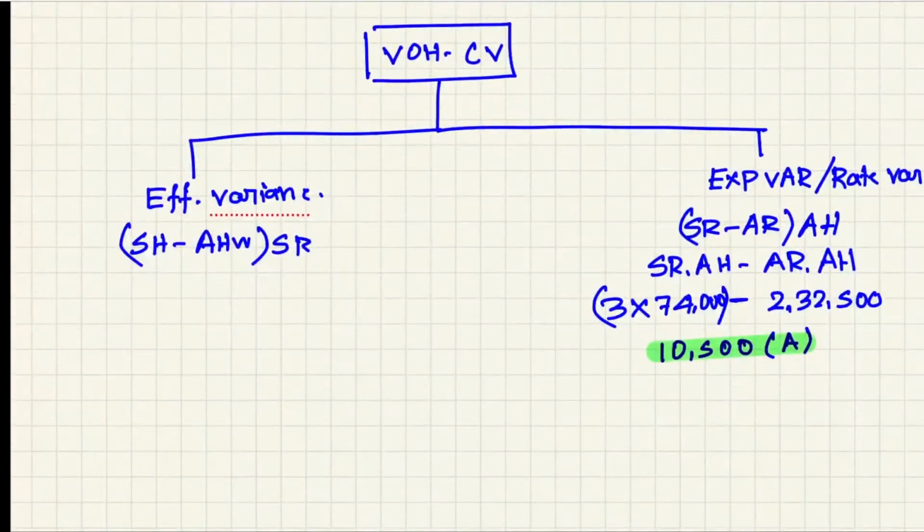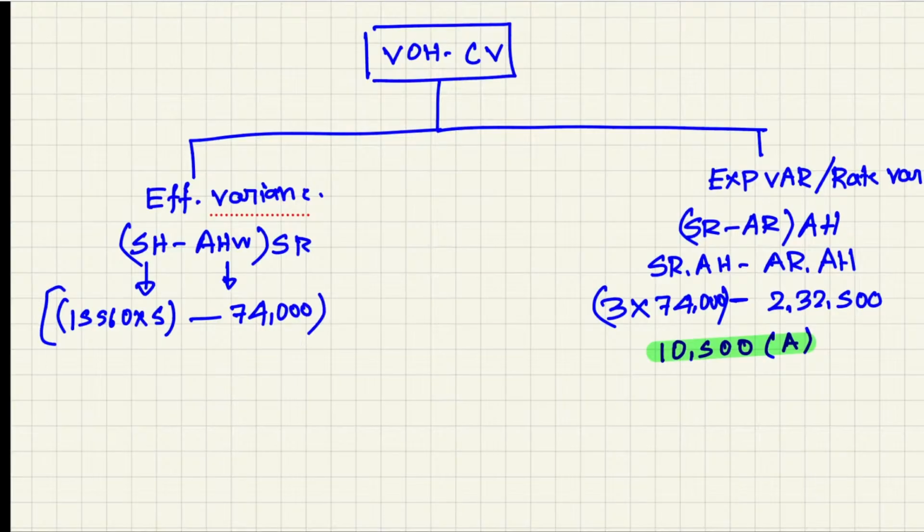So standard hour is 15,560 into 5. And actual hour is given 74,000, into standard rate. Standard rate variable is 3.